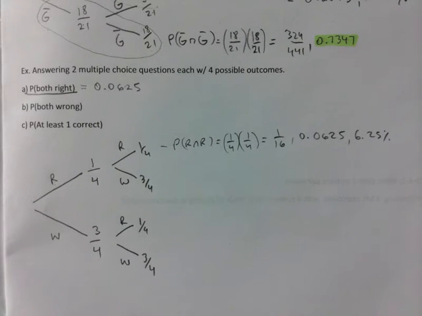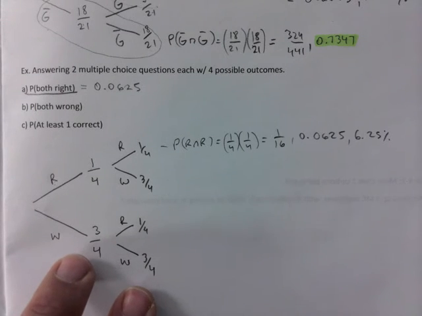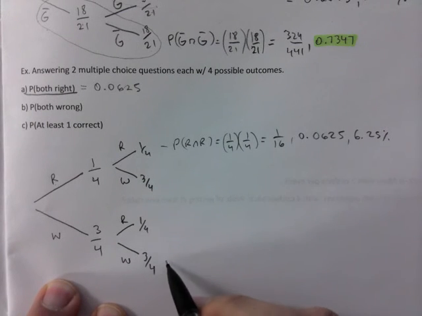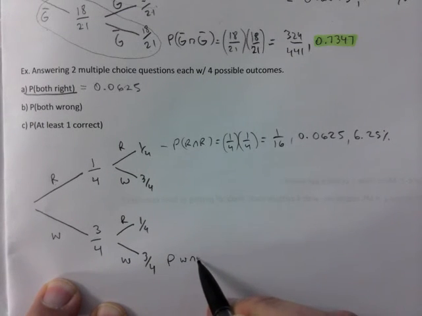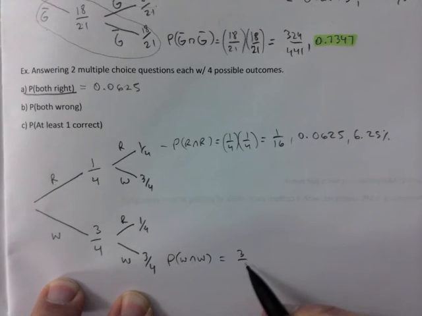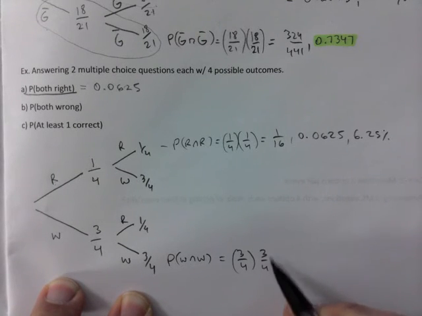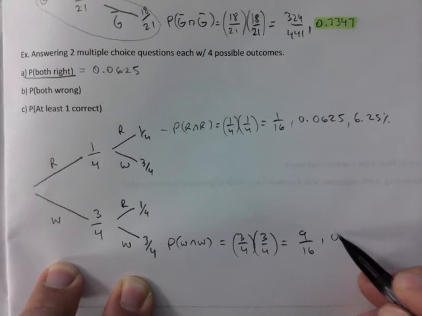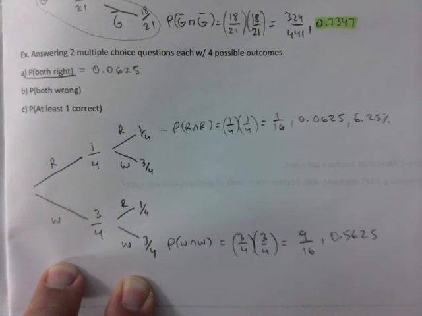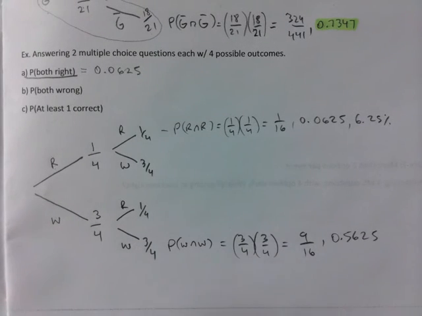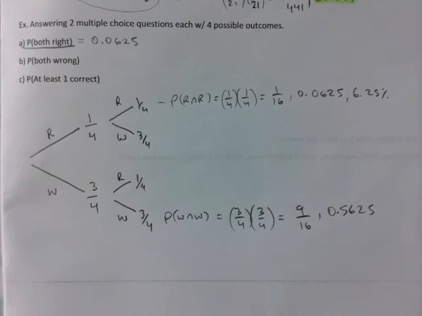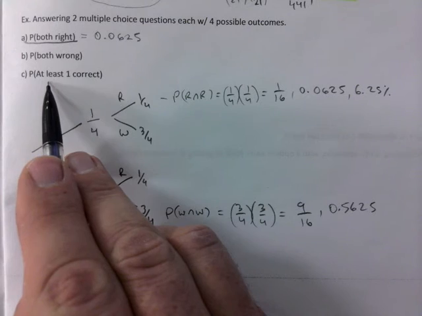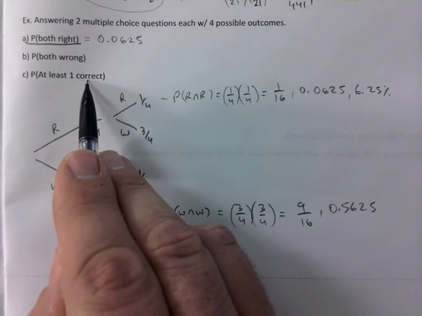Probability of both wrong. It's similar, but you've got more chances of getting things wrong, right? So this is probability of wrong and wrong, which would be 3/4 times 3/4, which is 9 over 16, which is 0.5625. Okay. What about the last one there? When it says at least one correct, what would you do?